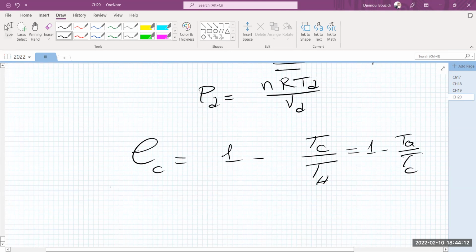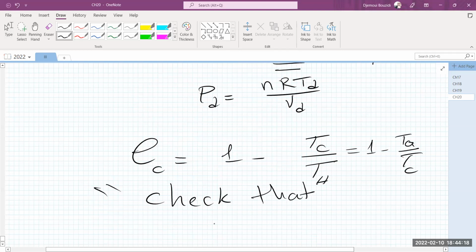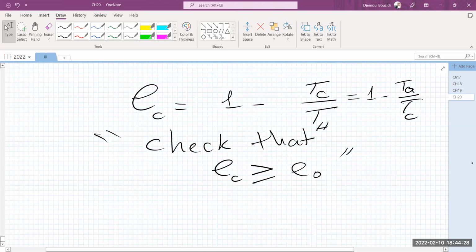And this is the point of the discussion today. Check that E of Carnot is greater than, at worst, equal to E naught. Remember, E naught is 0.611, 61%. This better be more than 61%.